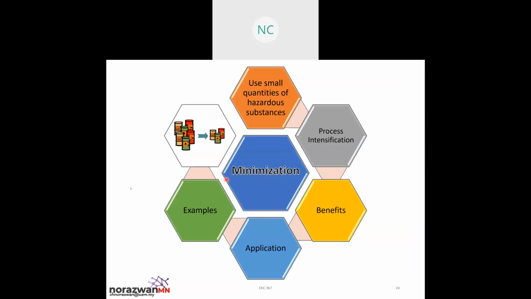So minimization is when you try to use small quantities of hazardous substance, from maybe two barrels of chemicals, then you reduce to 1 barrel of chemicals during your process. That's how you try to minimize your quantities of hazardous substance or material. The minimization inside the ISD sometimes also relates to process intensification.